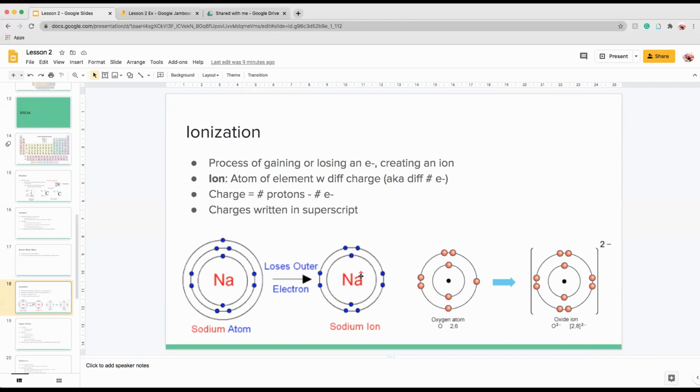So this is one way to represent an ion as a Bohr diagram. Another way to represent an ion is where we have an oxide ion with a charge of -2.